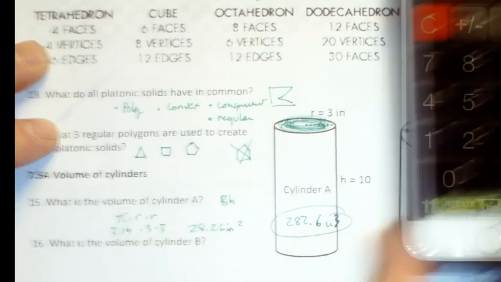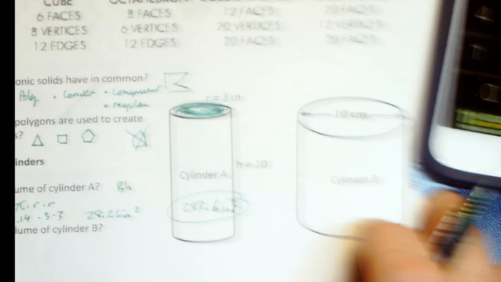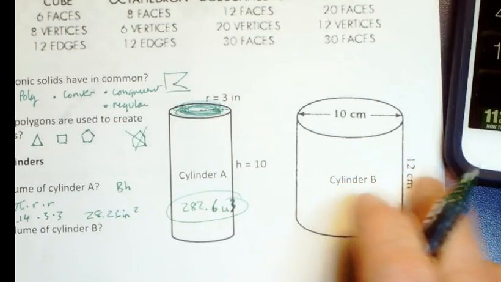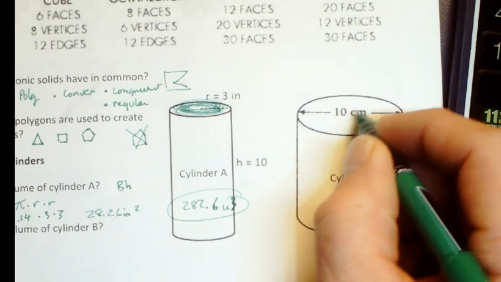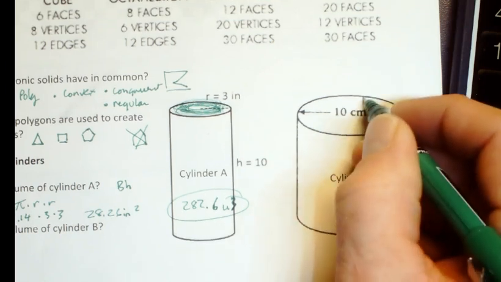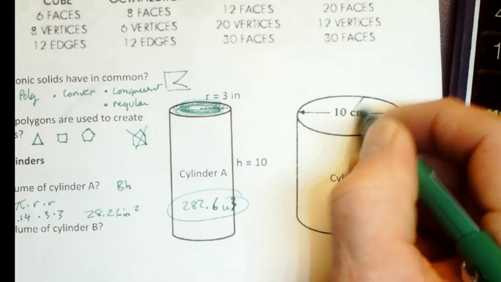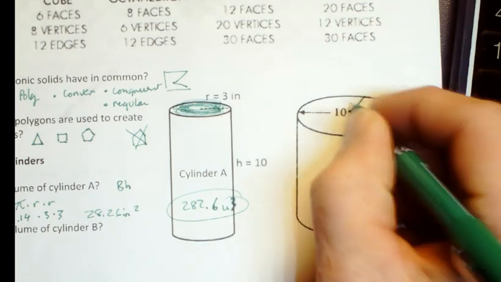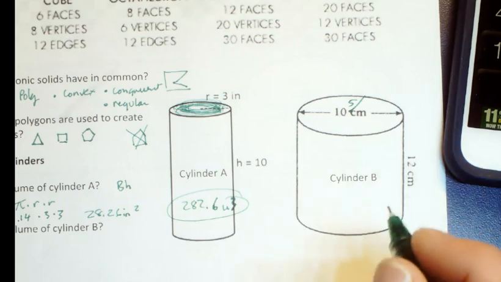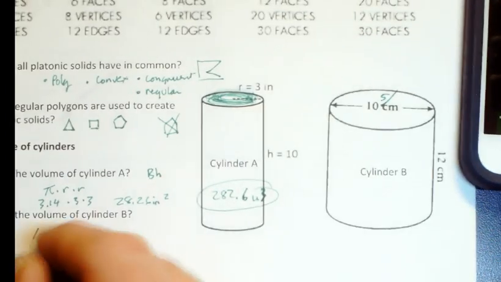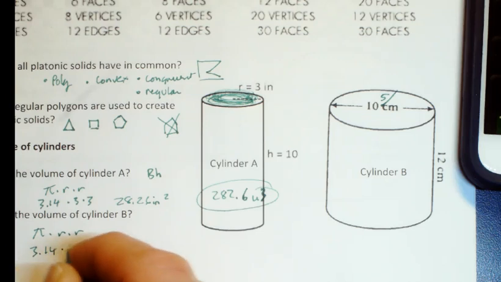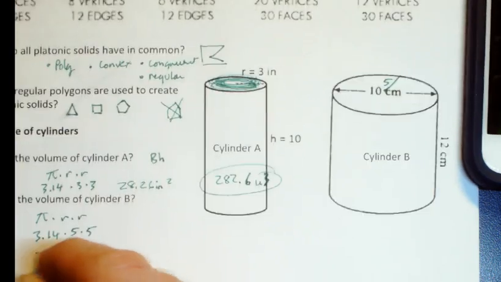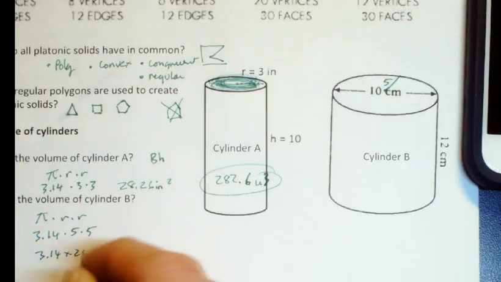Sorry about that. All right, and this last one here, we have to figure out. We've got a diameter this time instead of a radius, and that's good for finding circumference, but we need a radius. So if the diameter is 10, our radius is going to be 5. So we need pi r squared. So pi, 3.14, times the radius, which is 5, times the radius, which is 5, is really the same as 3.14 times 25.